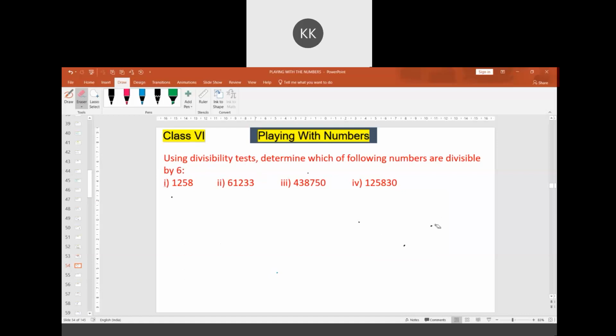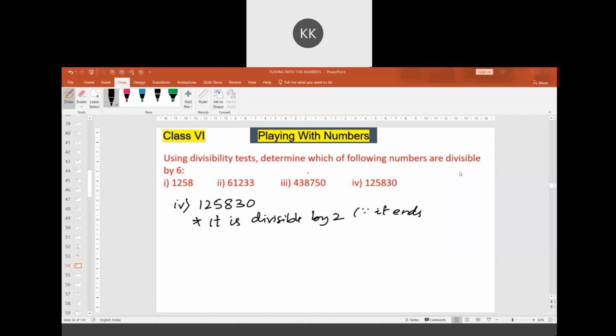Now if I consider the sum of the digits, is it divisible by 3? So fourth one, 125830. I will write the first statement. It is divisible by 2 because it ends with 0.